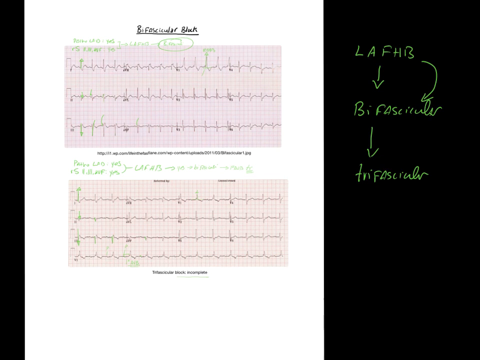So that's actually kind of a cool thing, and it's almost like an early warning system in a way, that as you see these fascicular hemiblocks become worse, that gives you some time to prepare. Okay, I'm going to pull the atropine out. I'm going to get the pacer pads on, and I'm just going to be ready in case the whole shebang ends up failing on me.